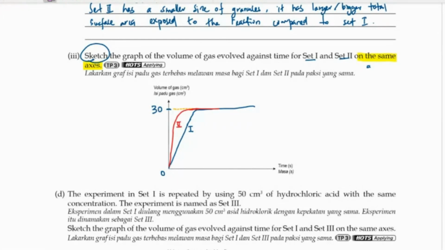Sometimes this is just a sketch, so we can draw it like this, maybe to see clearer.